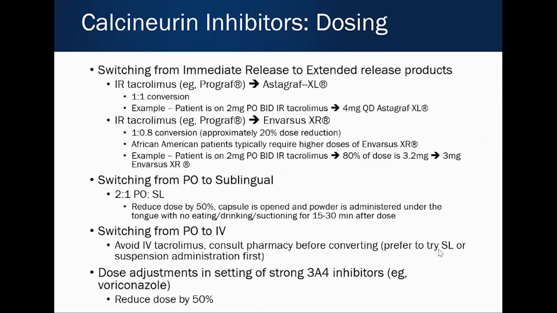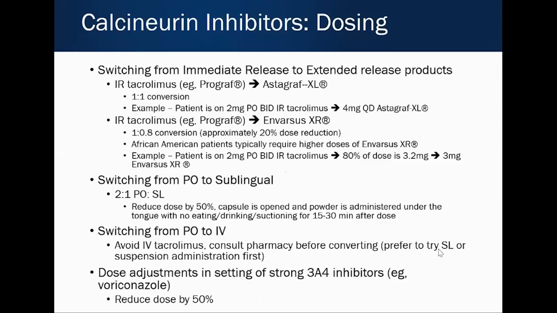So I think a common question that comes up is all of the conversion amongst the tacrolimus products. So I put this slide in here just as guidance. When patients are switching from immediate release to extended release products, for the immediate release Prograf to Astagraf XL, this is a 1-to-1 total daily dose conversion.